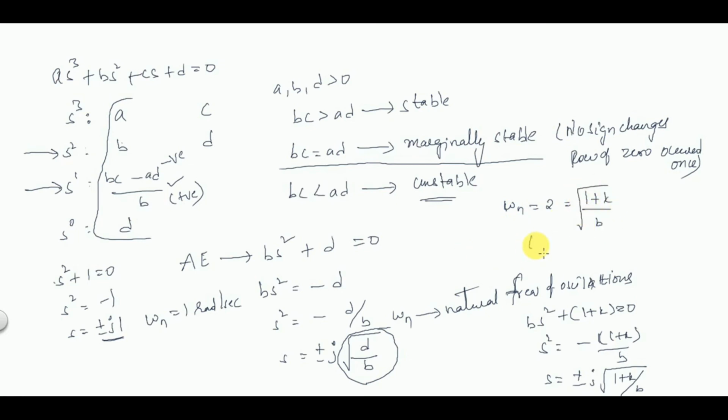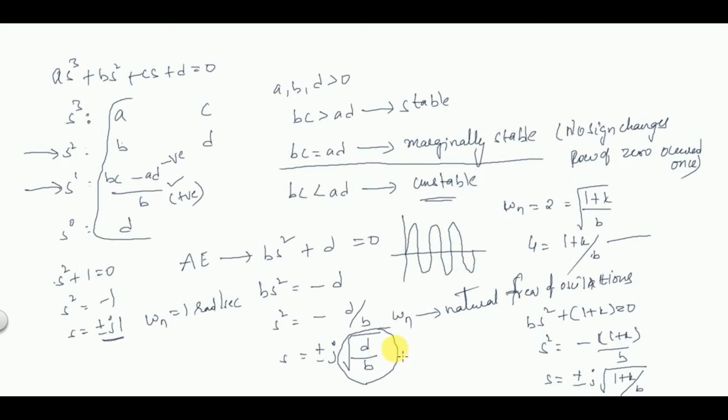Okay, so it becomes 4 is equal to 1 plus k by b, and from the other equation you can solve the values of b and k. Okay, so this is the concept here. Then the frequency of oscillations will be constant. So that is why it is called the natural frequency of oscillations.